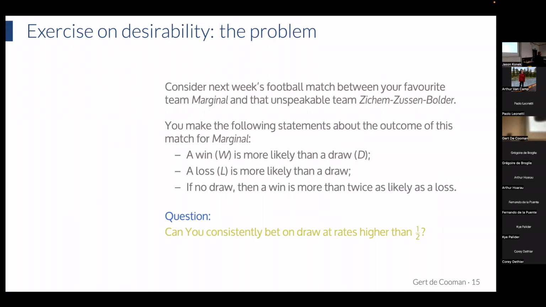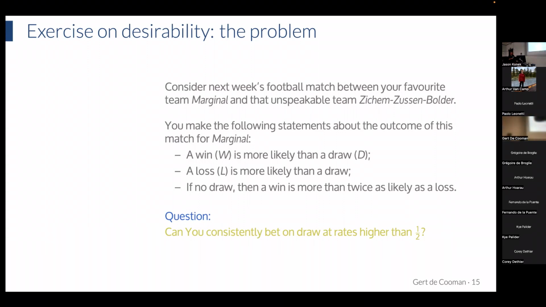Right, so there's a football match next week between Marginal, which is your favorite team, and the unspeakable team for many reasons, Ball. You are making the following statements about the outcome of this match, for Marginal.